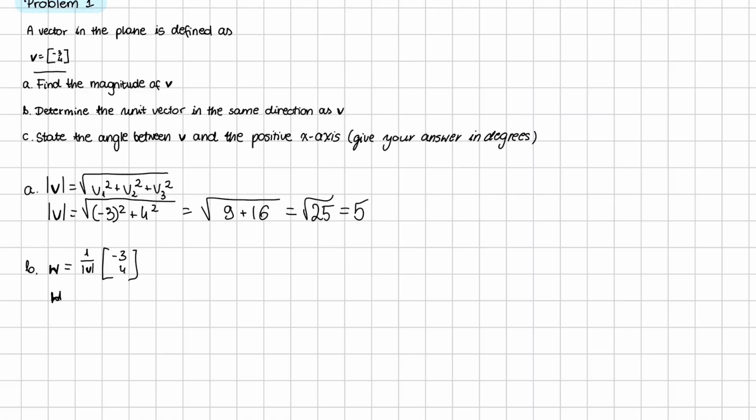This is 1 over 5 multiplied by our vector, so our final answer is (-3/5, 4/5), and that's our vector.